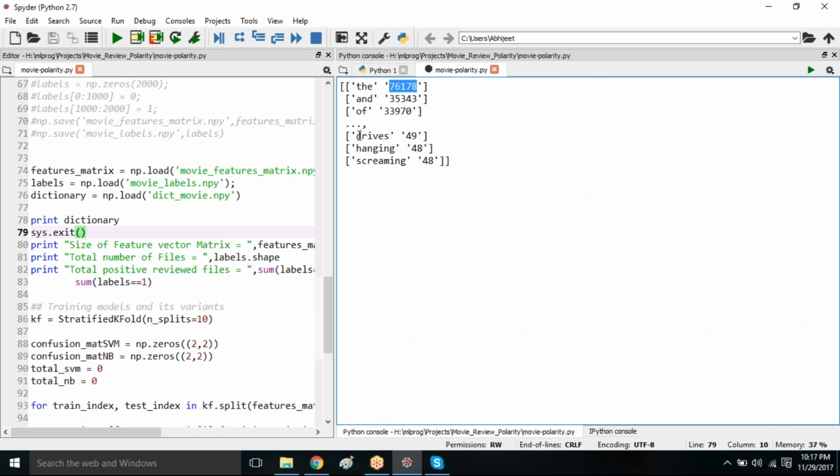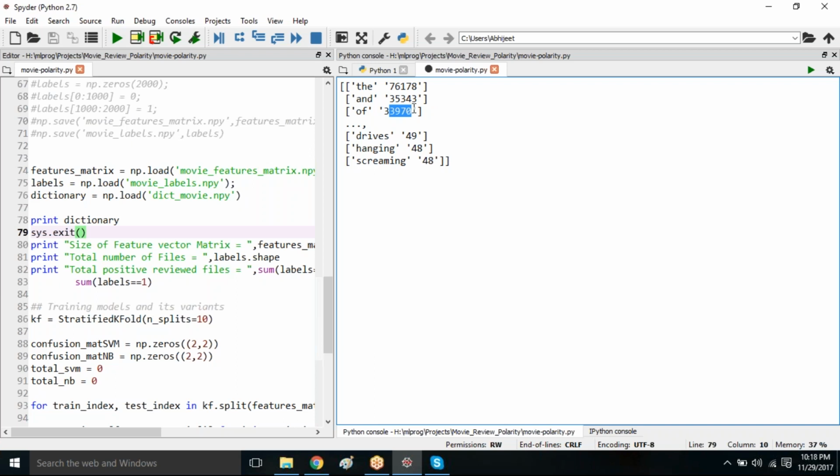76,000. Hanging has come how many times? 48, right? 48 times. Screaming has come 48 number of times. The and of have come so many times. And what is this frequency which I was talking about?